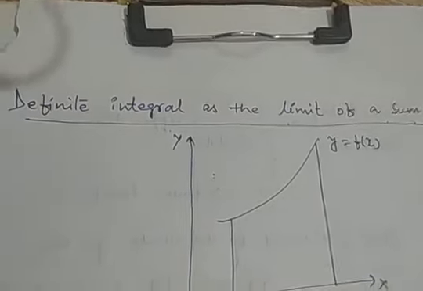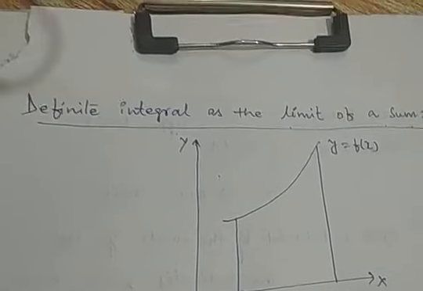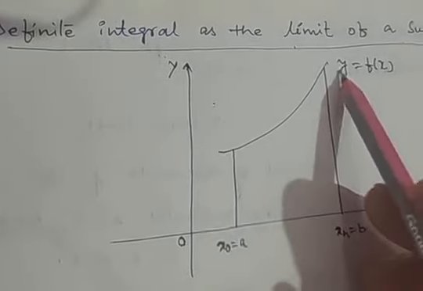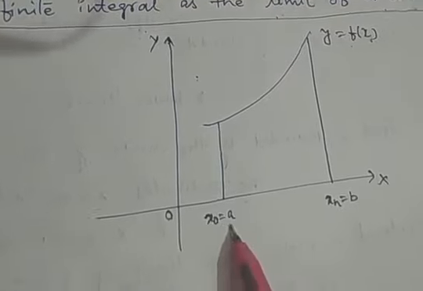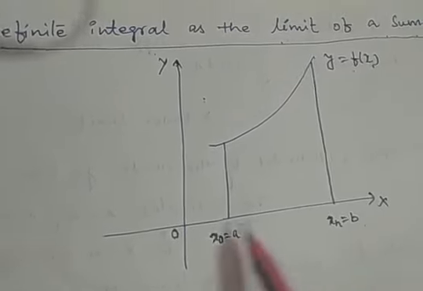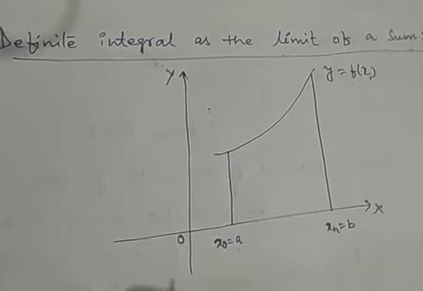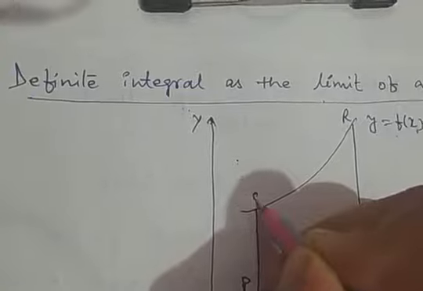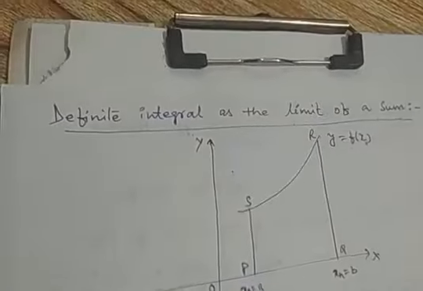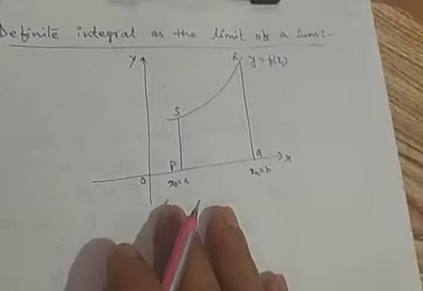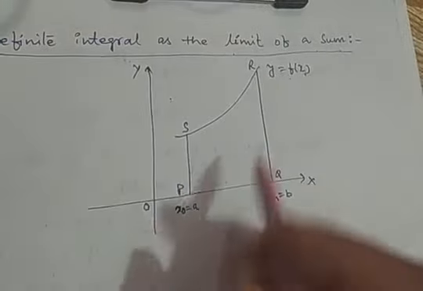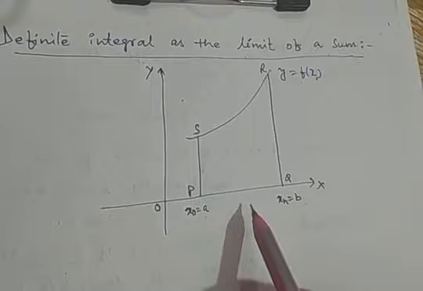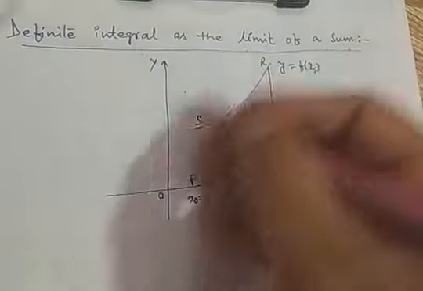Now we have to find the area of the region bounded by the curve y is equal to f(x), the ordinates x naught is equal to a and xn is equal to b, and the x-axis, named P, Q, R, S. So here students, the region bounded by the curve, the ordinates and the x-axis is denoted by this region.